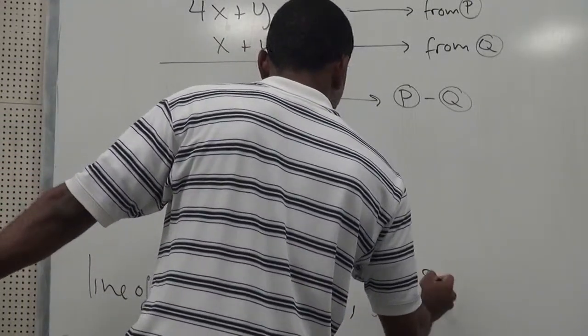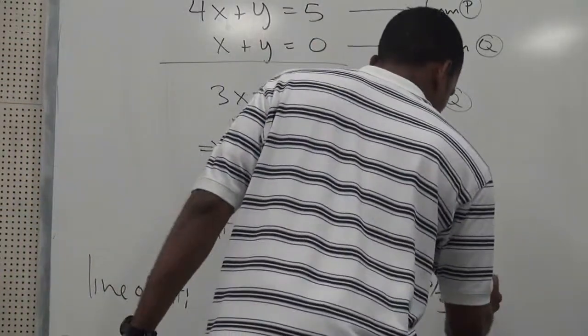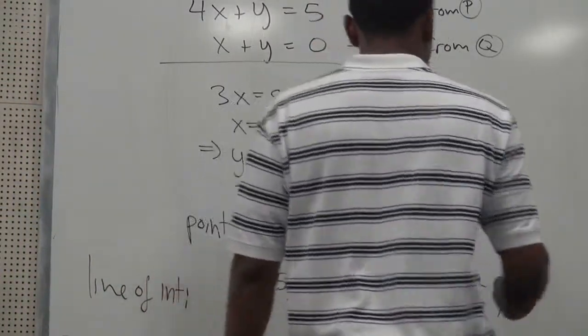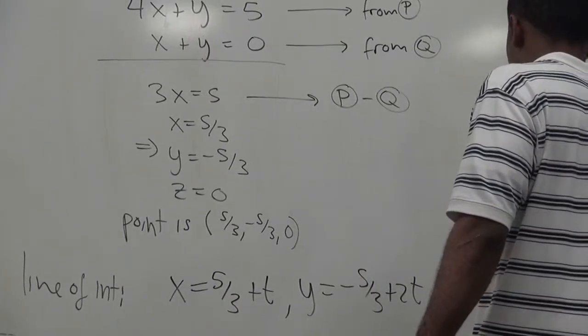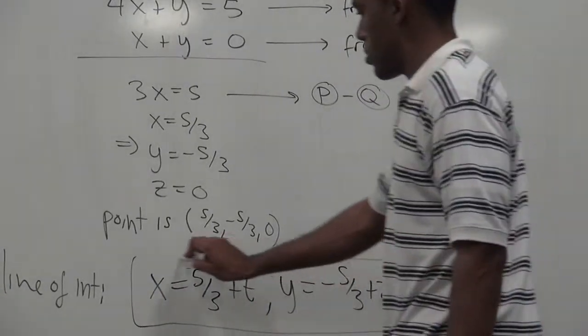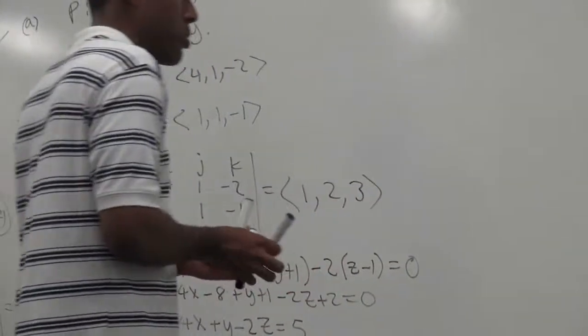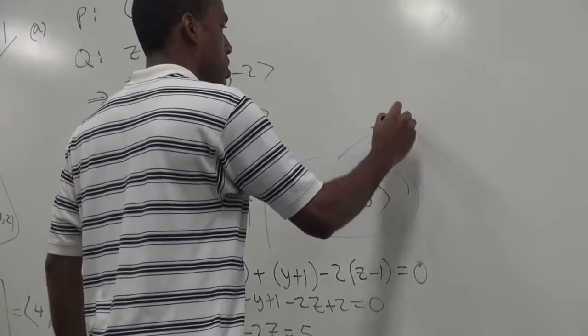Y would be this point, and the direction of our line says 2t. And z would be 0 plus 3t. So that comes from here. This is the direction of the line.